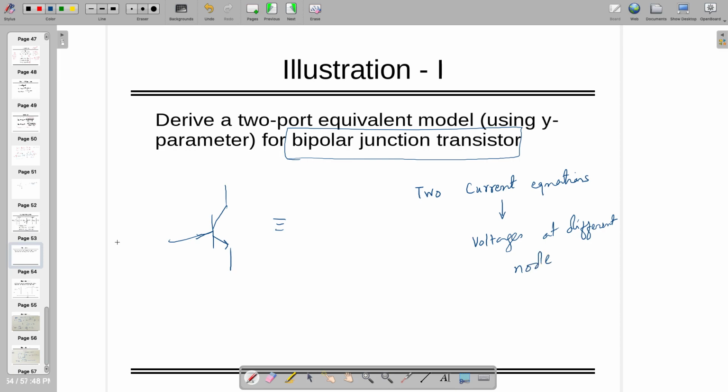There are two currents: at the input side IB, at the output side IC, and there are two voltages, VBE and VCE, right?